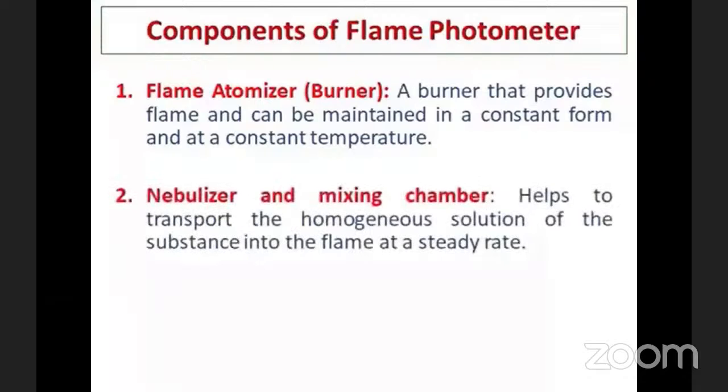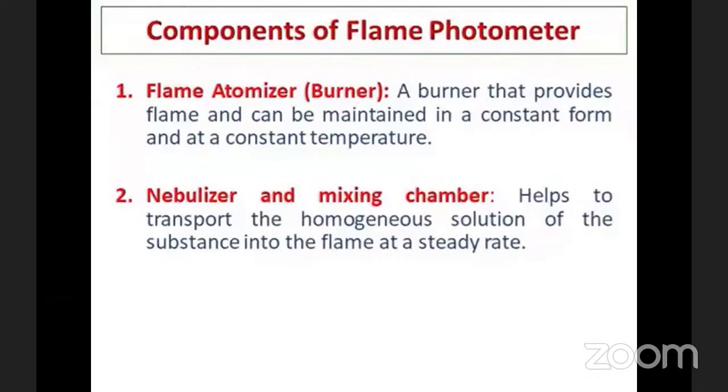The second component is the nebulizer and mixing chamber. After the appropriate treatment, the substances are dissolved in suitable solvents to obtain the sample solutions. The sample solution is first converted into fine droplets.